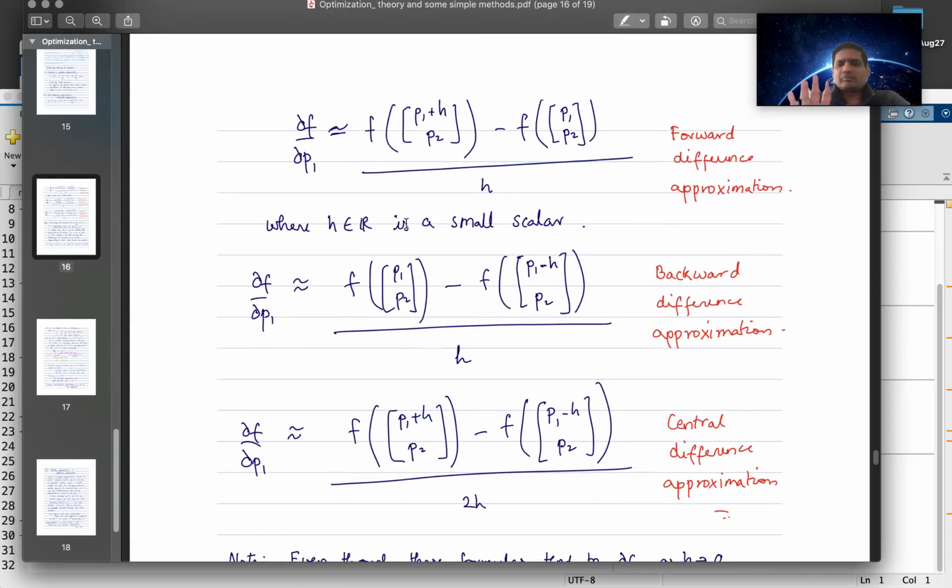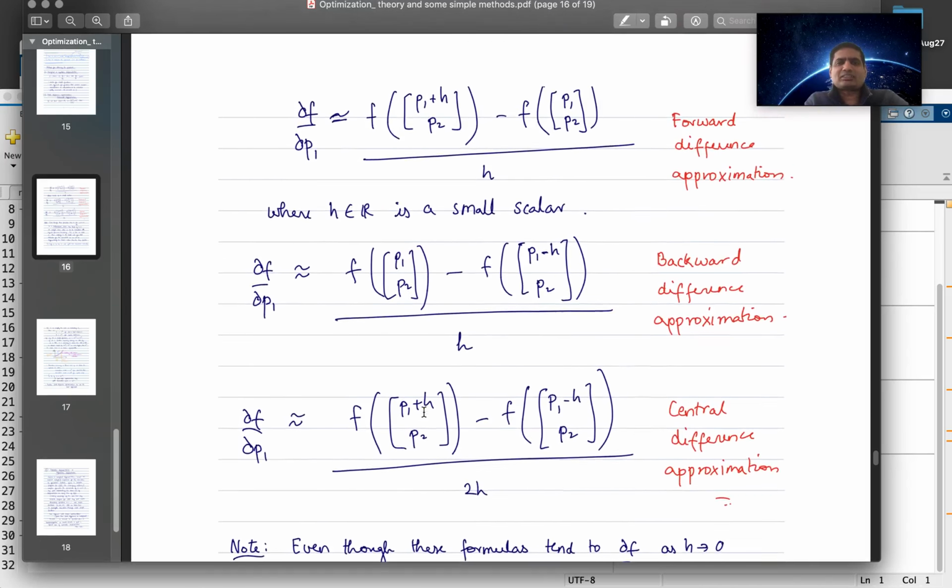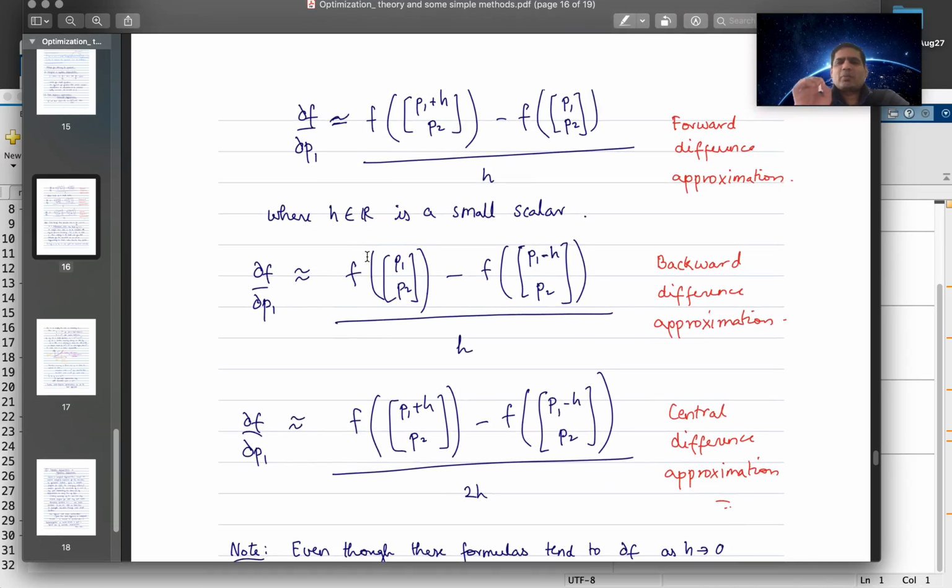Now, I can post a link to the technical aspects of how accurate these things are in more detail, but let me just make some brief remarks here. Of course, if you can evaluate the function f of x arbitrarily accurately, then taking h going to 0, taking as small a step as possible, will make this ratio go to the limit of the derivative.